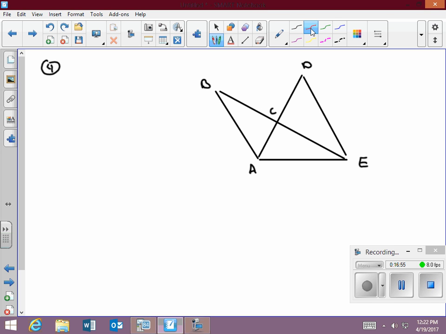Well, the only way that can be is this side right here and this side in ADB have to be identical, and then this side right here and this side have to be congruent. That makes your isosceles triangles.